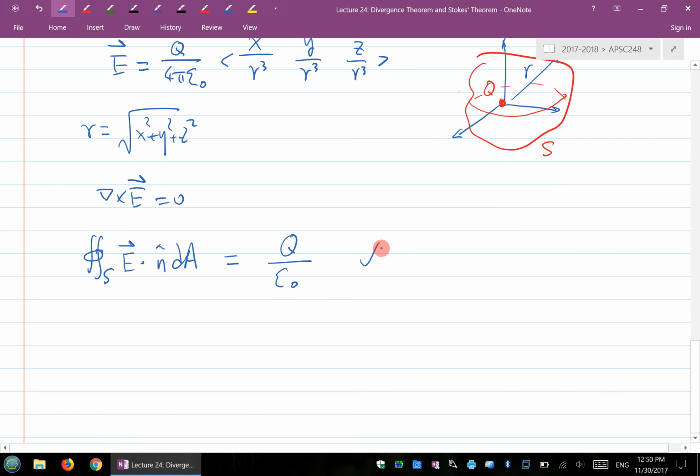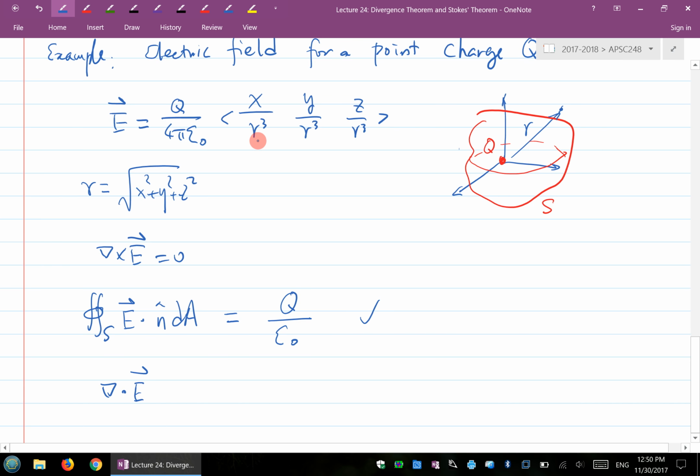But now I want to confuse you a little bit here. So now you can try to calculate del dot E. I'm not going to calculate this; calculation-wise, it's a fairly standard calculation. So you have your E here, right? Substitute this back over here. Each component has a function of x, y, z.